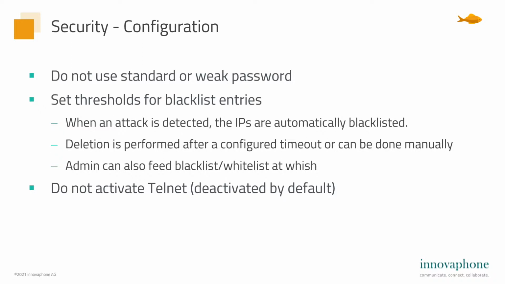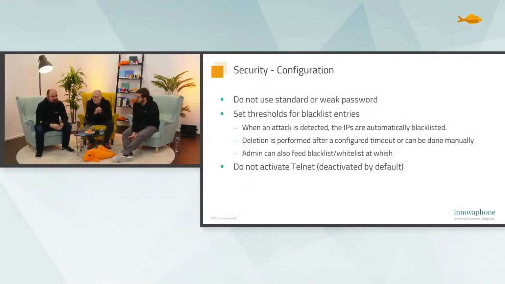You can say 20 of these bad packets from one IP address in 1 minute puts this IP address in the blacklist. So you cannot access the reverse proxy from this IP address, and you can define how long it stays in the blacklist, or if you do not define a time, then it's in the blacklist until an admin deactivates it or puts it in a whitelist.